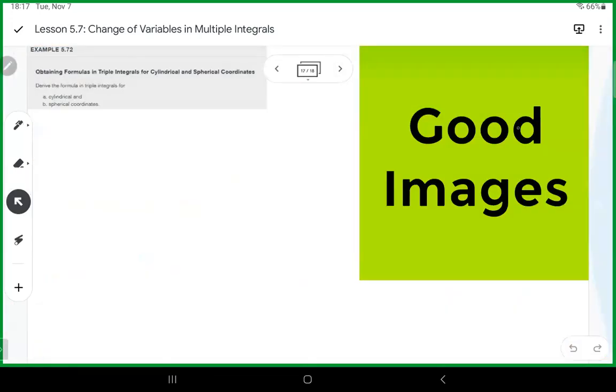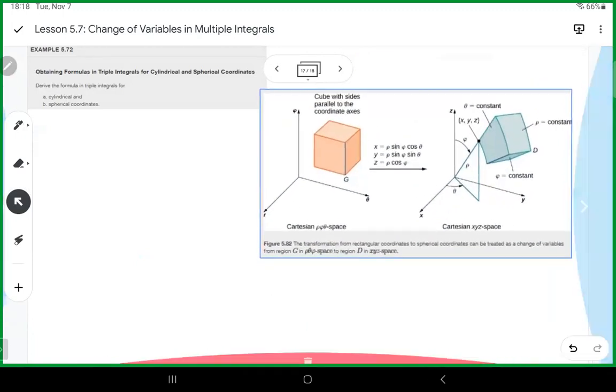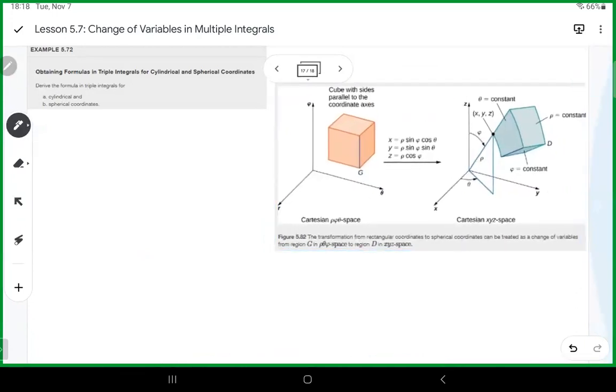All right, now we're going to do the spherical. Okay, so for the spherical coordinates, we know that we'll be doing the transformation P(theta, rho) from the Cartesian plane to the Cartesian xyz plane.